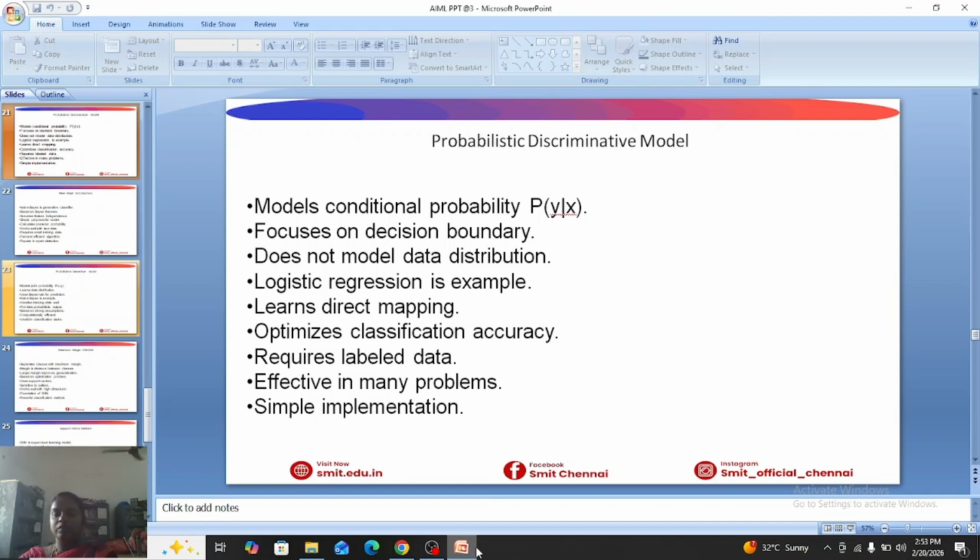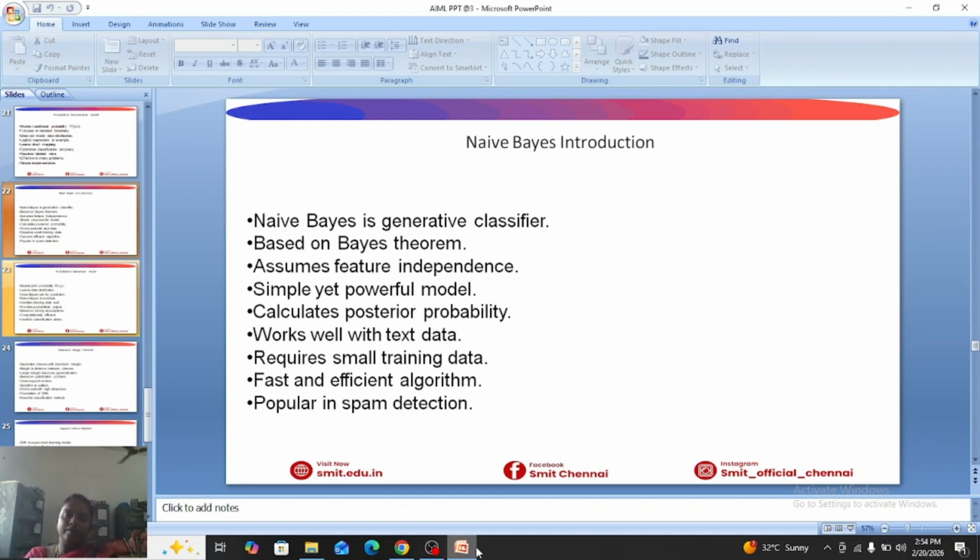Focus on decision boundary, does not model data distribution. Logistic regression is an example. Learns direct mapping, optimizes classification accuracy, requires labeled data, effective in many problems, and simple implementation.